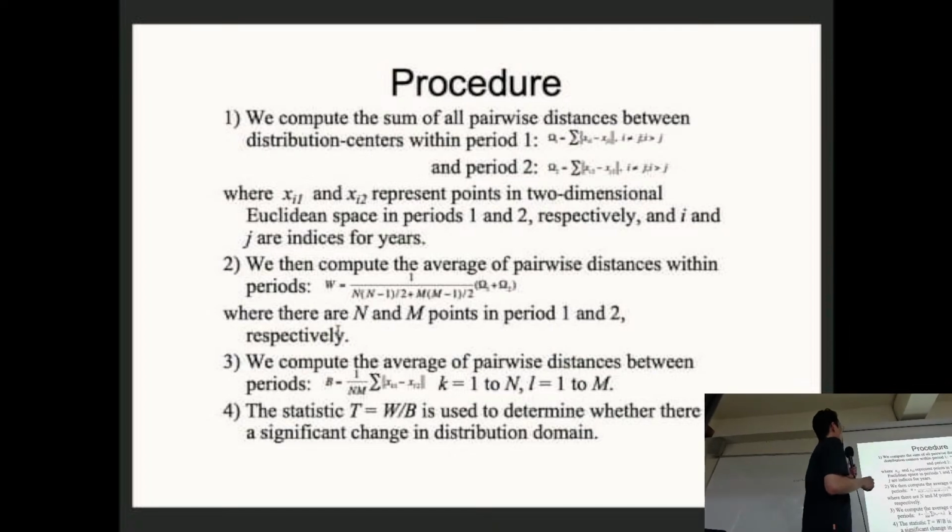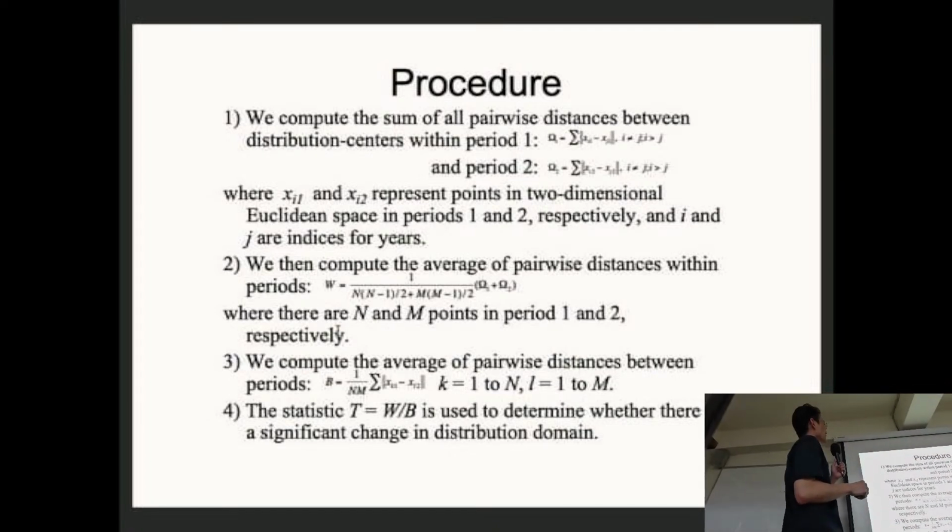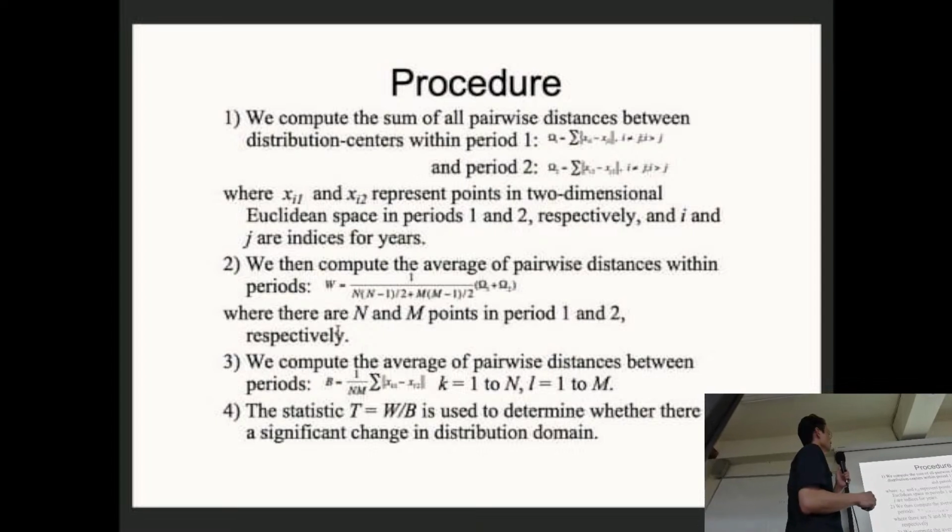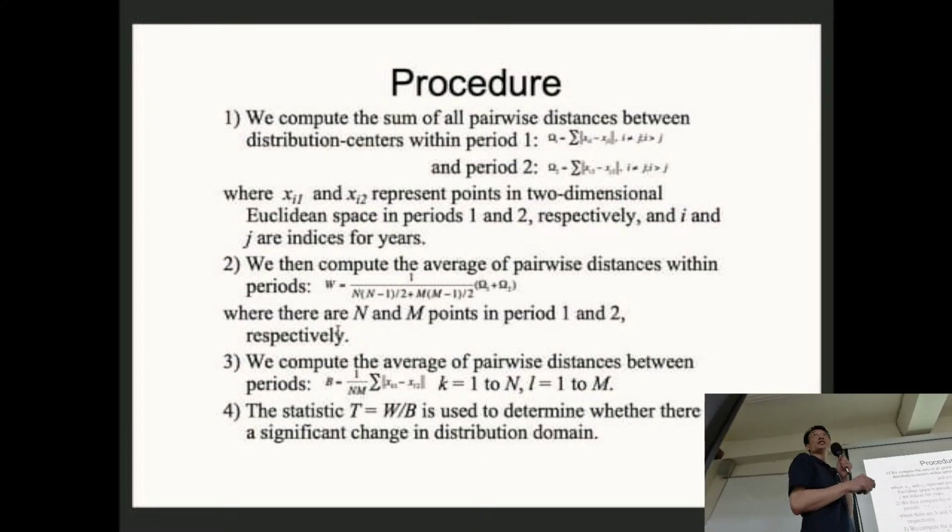We compute the sum or average, whatever, it is equivalent. You calculate the sum of all pairwise distances between distribution centers within period 1 and within period 2. That is the pairwise distance within, similar to the variance within for ANOVA, but here it is a pairwise distance.